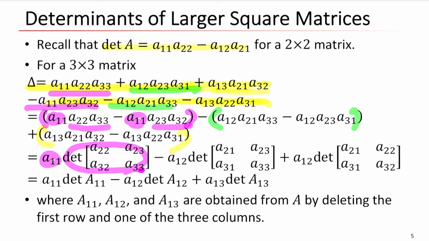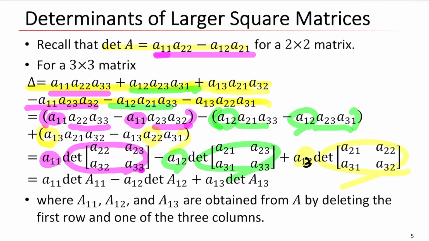Because the determinant of A was this one, right? And if we extract A12 here, the remaining things are the determinant of this one, and A13, this is A13, right? If we extract A13, then the remaining things are the determinant of this one.